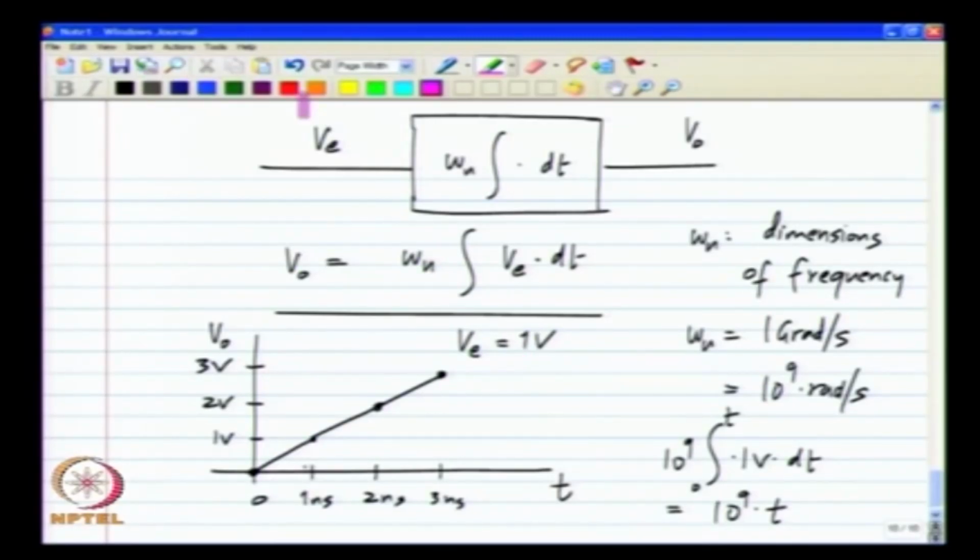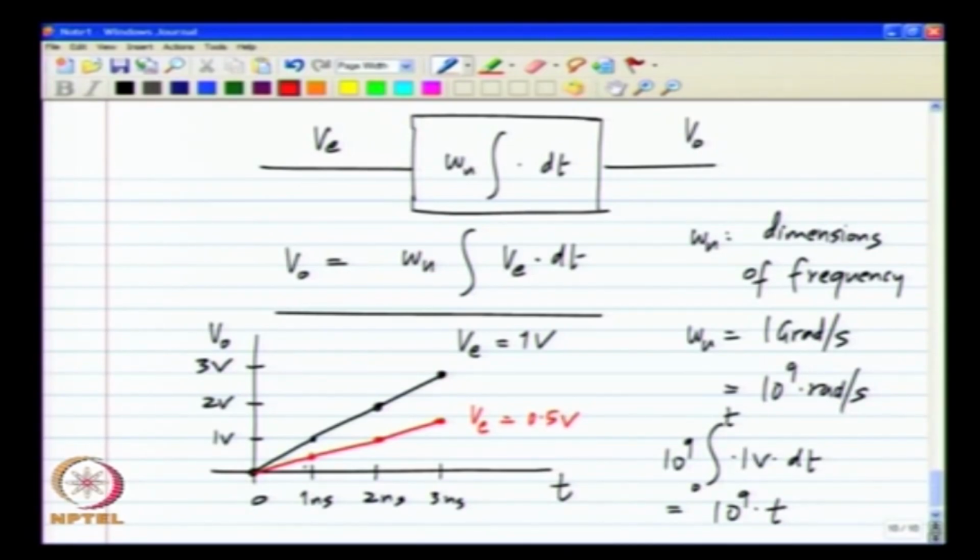For instance, now let us say VE becomes half a volt. What happens at 1 nanosecond? The output will be half a volt, at 2 nanoseconds it will be 1 volt, and at 3 nanoseconds it will be 1.5 volts. So, if the error is smaller, the output will rise slower, this we already know.